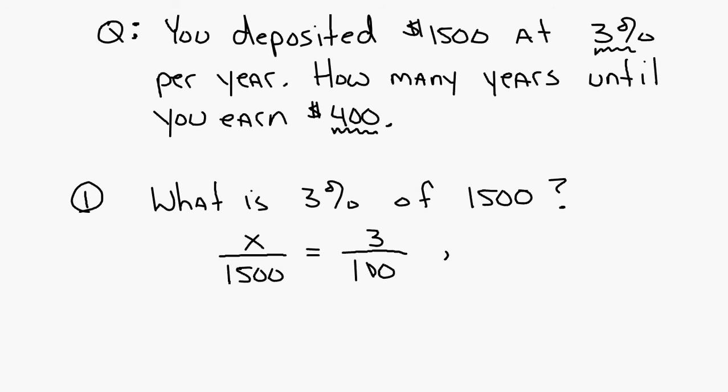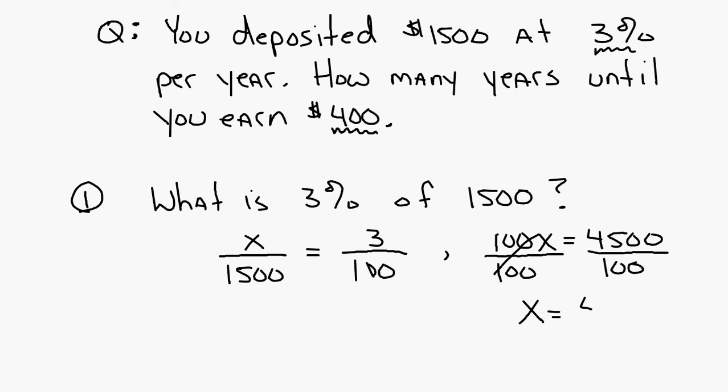So when you crisscross multiply, 100x equals 4,500. If you divide both sides by 100, then x equals 45. Okay? That means that every year they're going to give you $45 in interest.